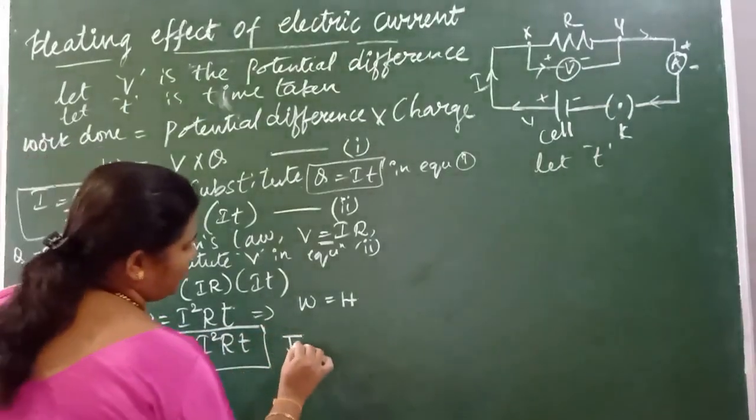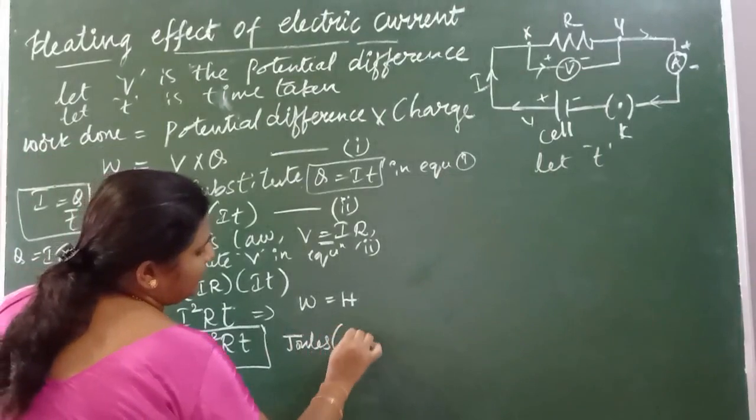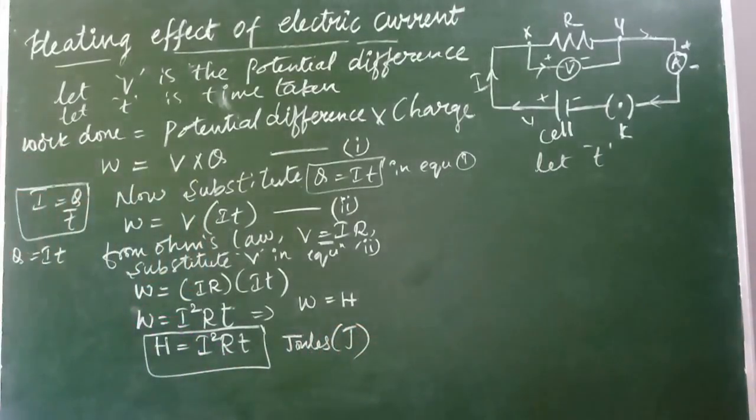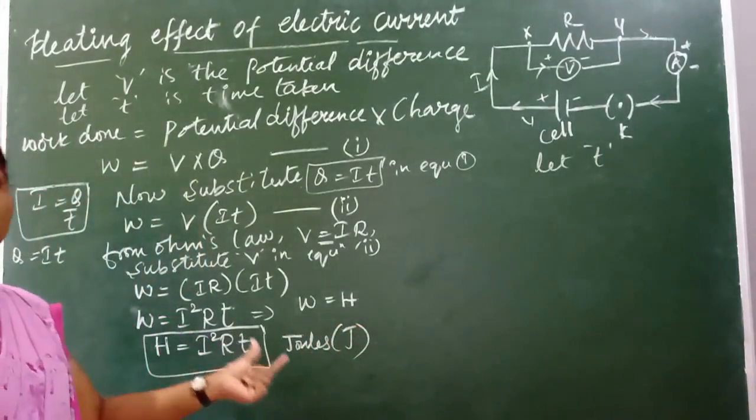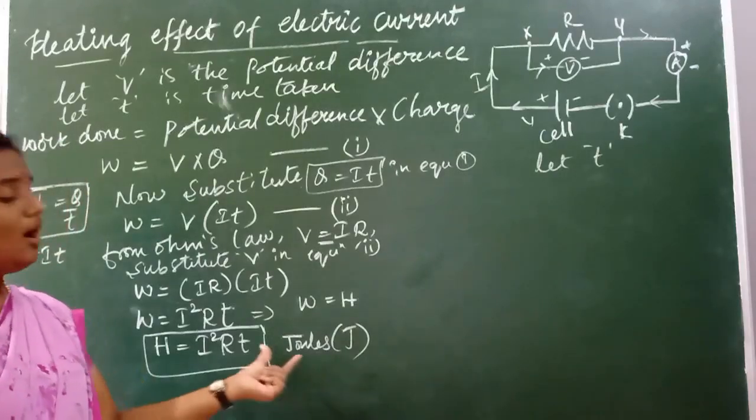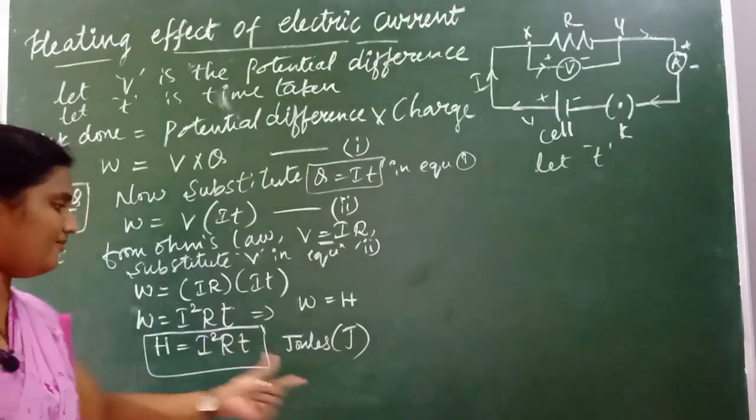Joules, children. Isn't it? That is represented with the letter J. And this is called Joule's heating effect or Joule's law of heating, children.